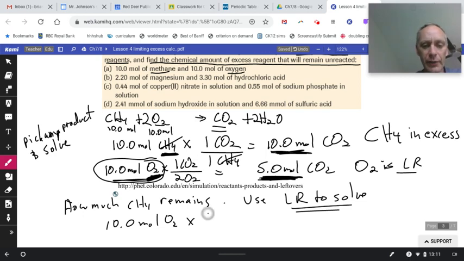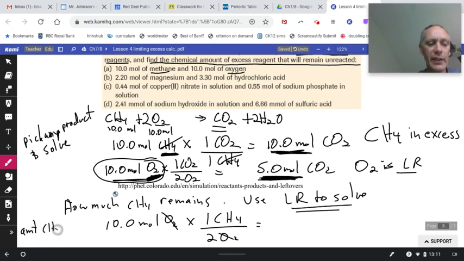So from our balanced equation, 1 methane is reacted for every 2 oxygen. Oxygens cancel out. So this will tell us the amount of CH4 that reacts. So that works out to be 5 moles of methane that reacts.